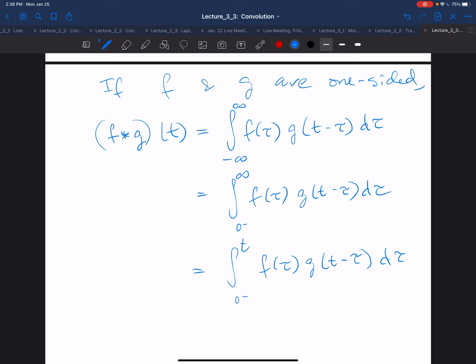And this is the one-sided convolution. And again, by a simple change of variable, this is the same thing as the integral from 0 to t of g of tau times f of t minus tau d tau. So this is what we'll call a one-sided convolution.